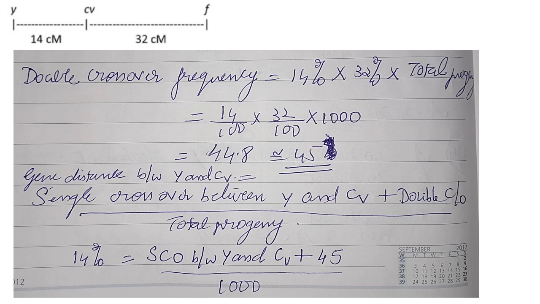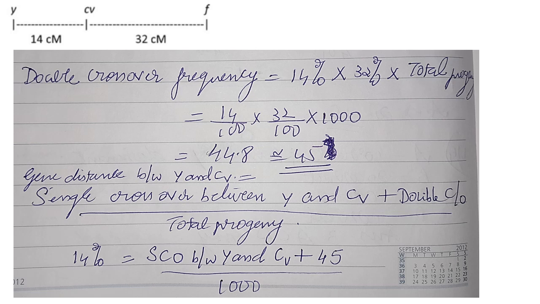So double crossover frequency is in centimorgan, which can also be represented as a percentage. So 14% into 32% into total progeny, which they have given as 1000. That will come to approximately 45. We will use 45 in all the other calculations.